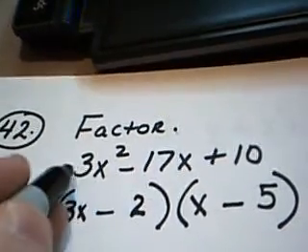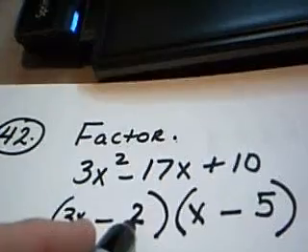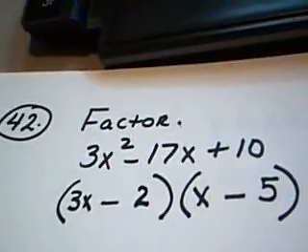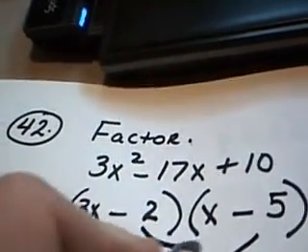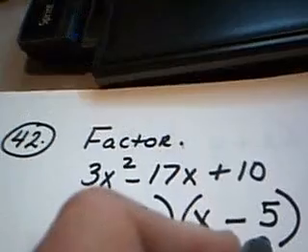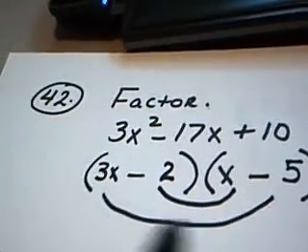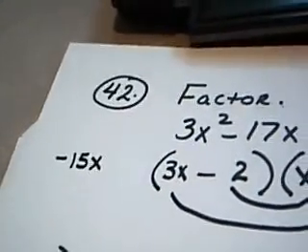3x times x gives me 3x squared, so we have the front. Negative 2 times negative 5 gives me a positive 10, so we have the back. This is how we make sure we have the middle. We do the outer product and we do the inner product. The outer product gives me negative 15x.